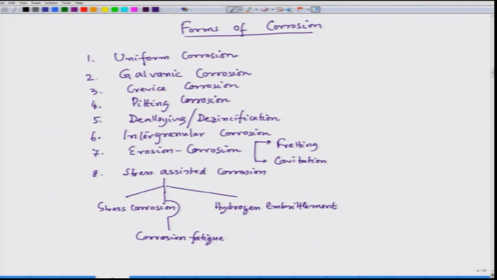And these particular definitions of different forms are basically arising from the appearance. For example, if we consider uniform corrosion, by uniform we mean it is homogeneous, uniformly happening.